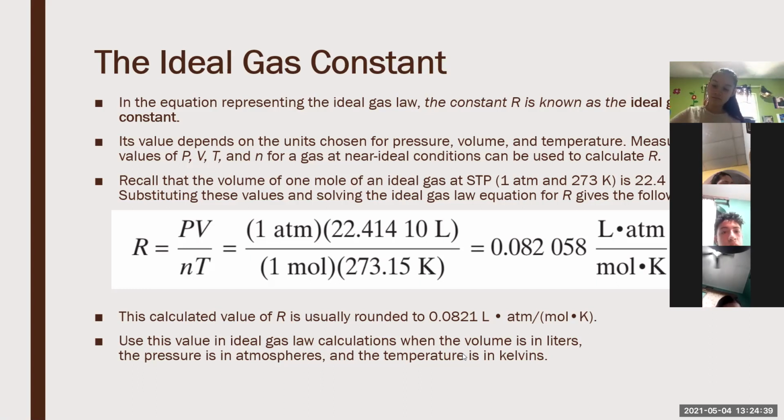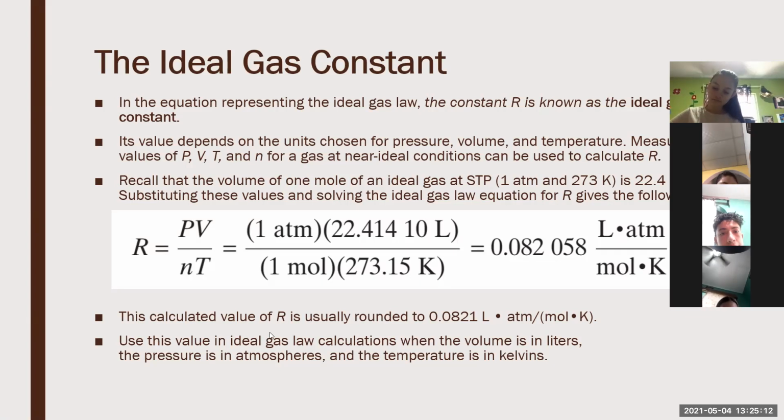Now, that value, as I told you, is a constant, but that constant number is going to depend on the units that you have. For example, if you have atm, moles, liters, and Kelvin, the value that you should use for R is this one that you see right here, 0.082055. And this bunch of units are the units of that constant.